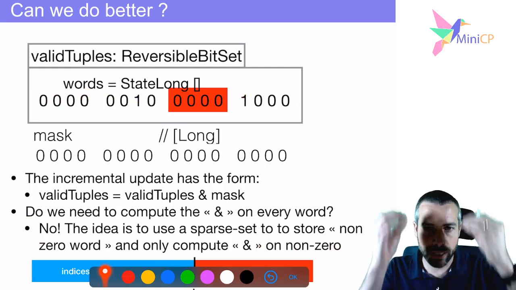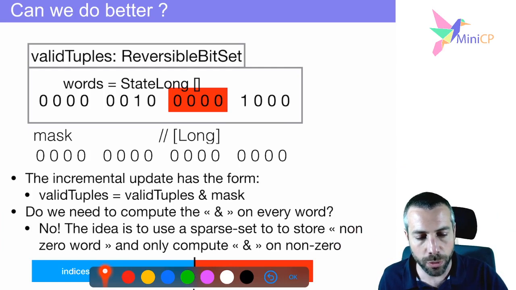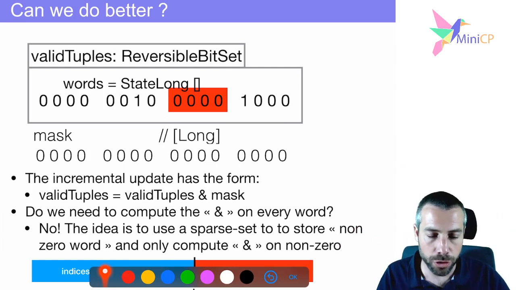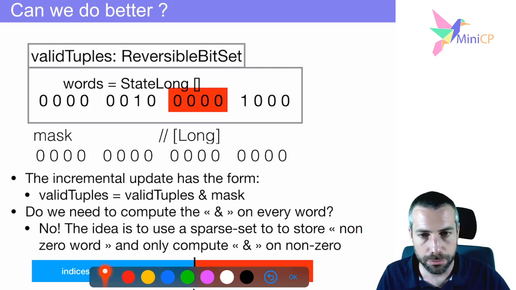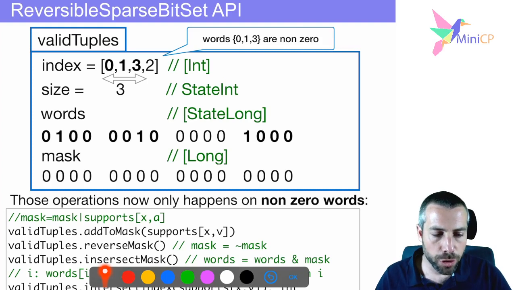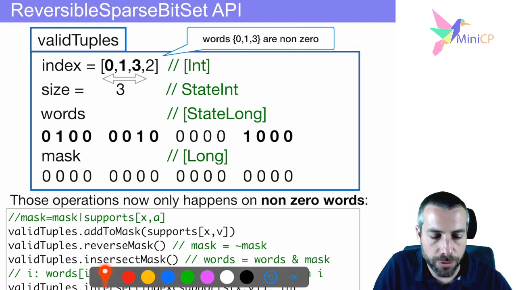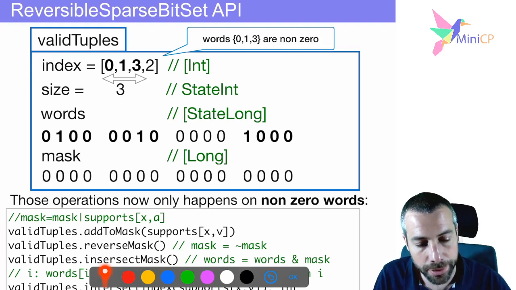We assume that as we go down in the search tree, the valid tuples will shrink, and we will get more and more situations like this one, in which a complete word is composed of all 0 bits. To perform the operation only on non-zero words, we will add an index array, exactly the same idea as for the main representation.